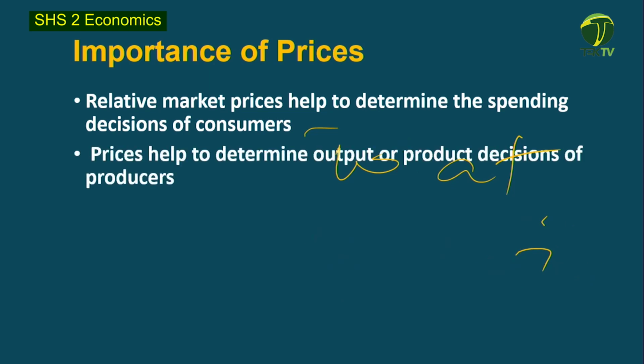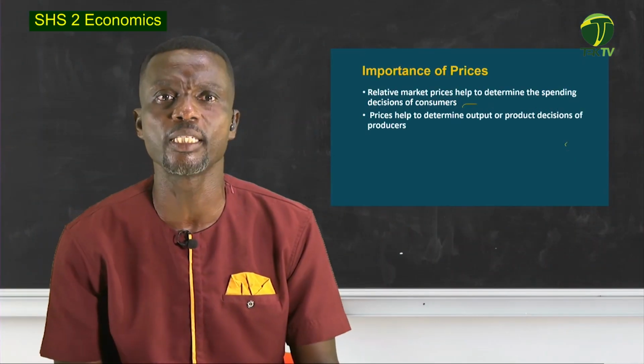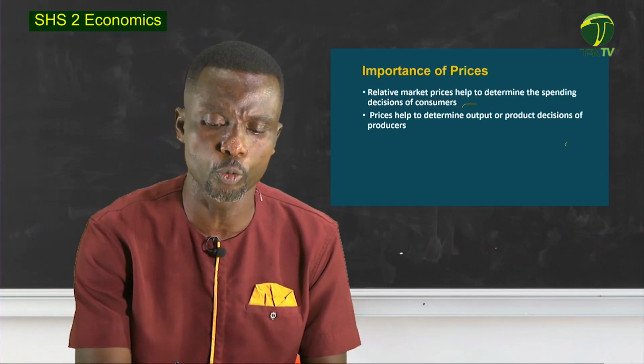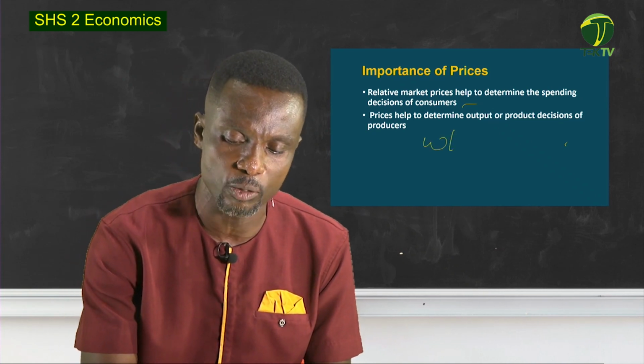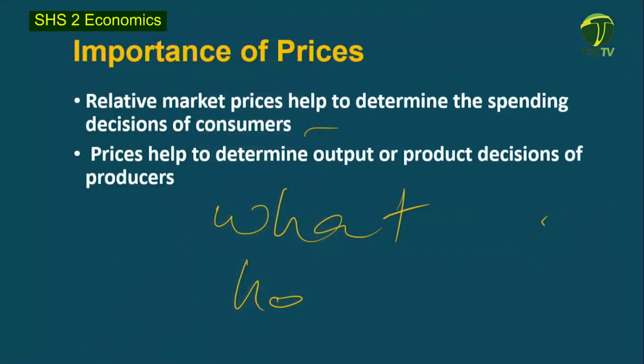Secondly, prices help to determine the output or product decisions of producers. So for those who produce, they use price. And what are those product decisions? The product decisions that are so important here are what to produce, how to produce, in some cases how much to produce, and some people will even want to add for whom to produce.